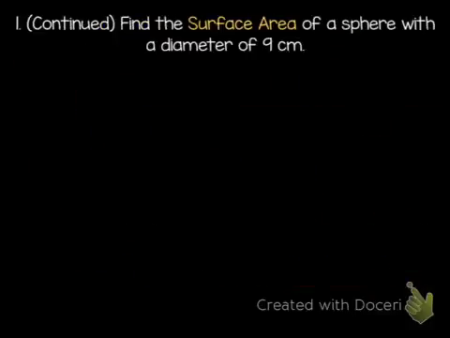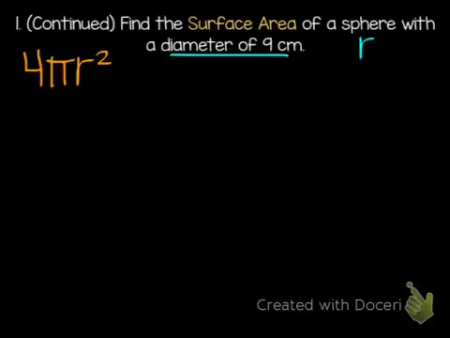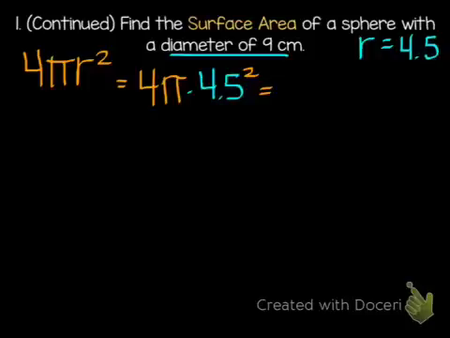Next, to find the surface area, you're going to use the formula 4 pi radius squared. And again, we've got that same diameter, so our radius is going to equal 4.5, kind of a funny number for our radius. So we're going to do 4.5 times 4.5, which is 20.25.